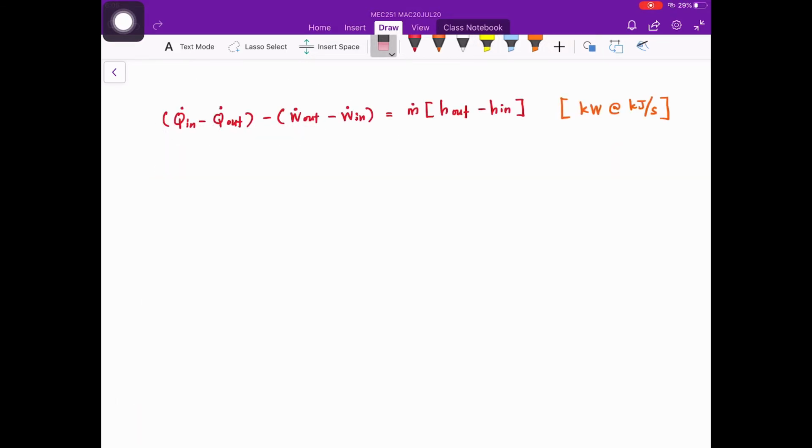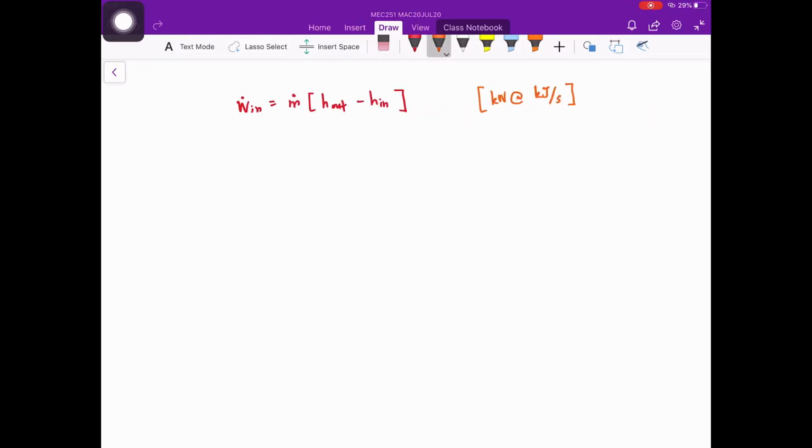From the steady flow energy equation, SFEE, since the compressor is consuming work and let's assume the process is adiabatic, we can get the expression of power input is equal to the mass flow rate times the enthalpy at the outlet minus the enthalpy at the inlet, which gives us the unit of kilowatt or kilojoule per second.